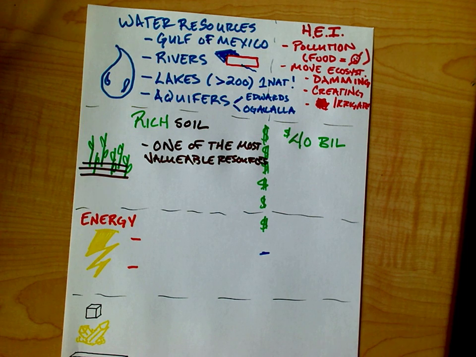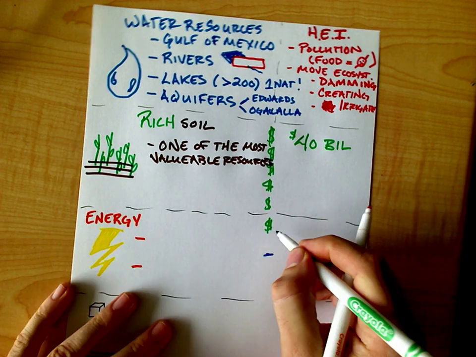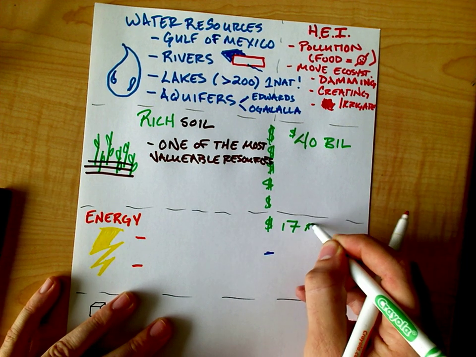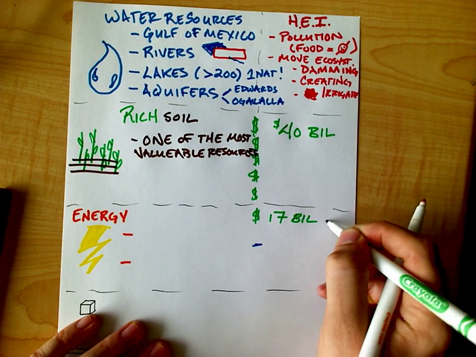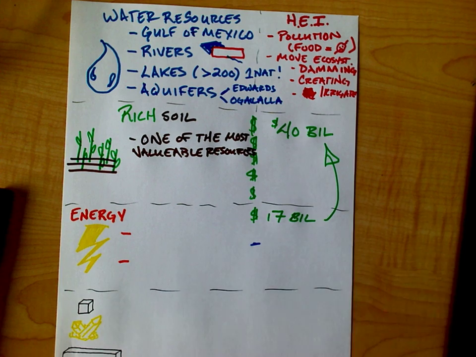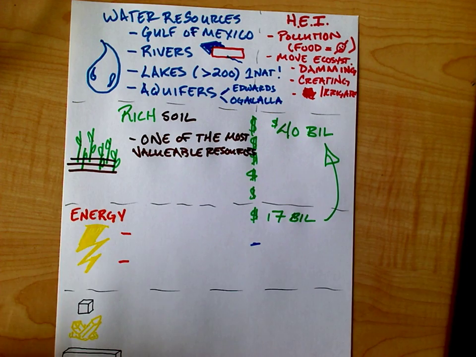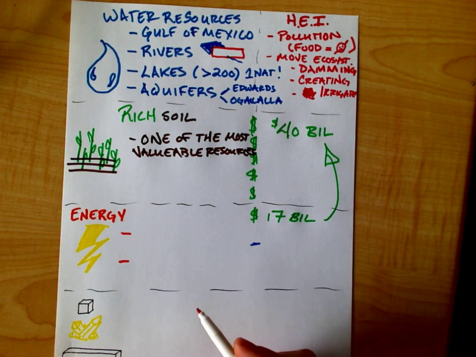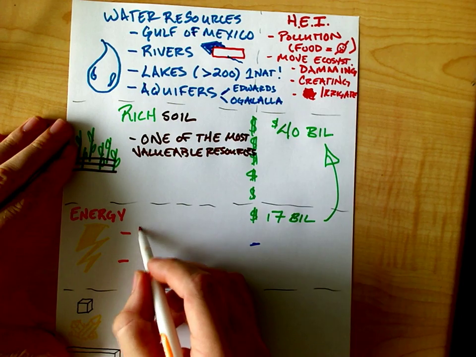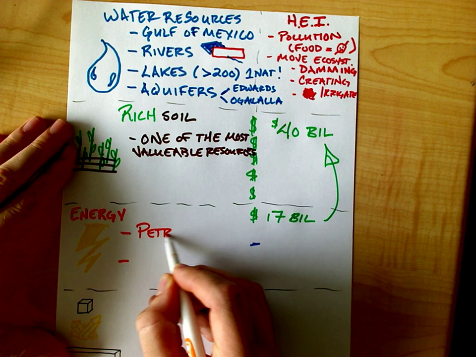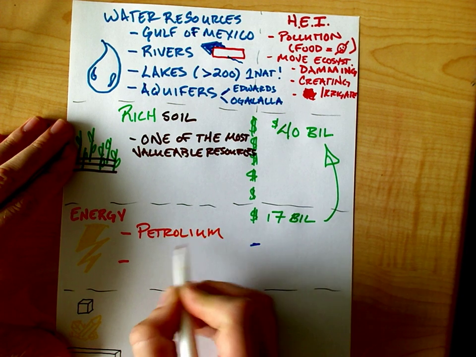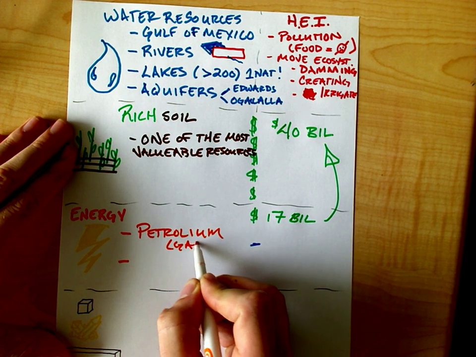Next up, we have energy production, which is what most people think is what is going to be our major money earner in Texas. However, we only earn 17 billion rather than the 40 billion from agriculture. We only earn 17 billion from oil and petroleum. So our natural resources in Texas for energy include petroleum, which is gas, or oil.